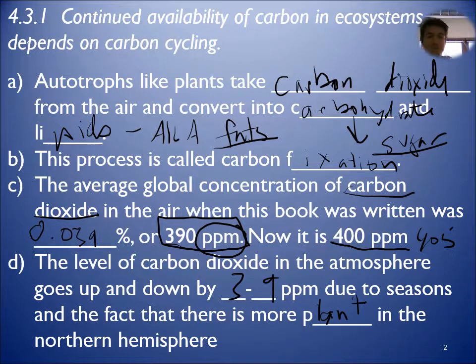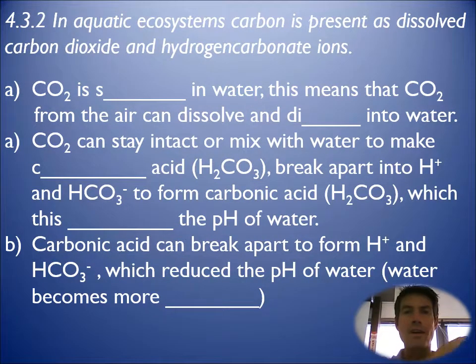And that creates that imbalance. We saw in that diagram, CO2 levels kind of go like this over time because of that more plants in the northern. All right.